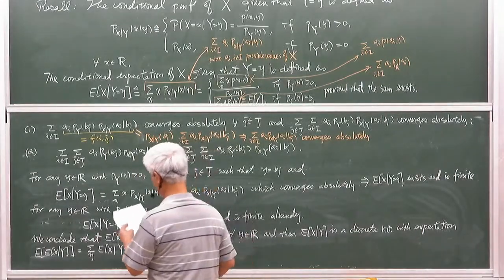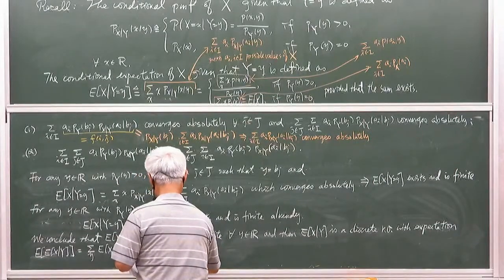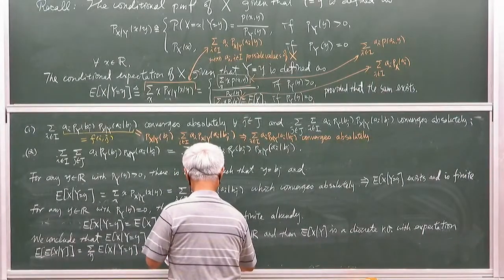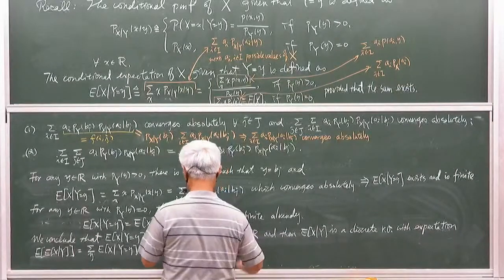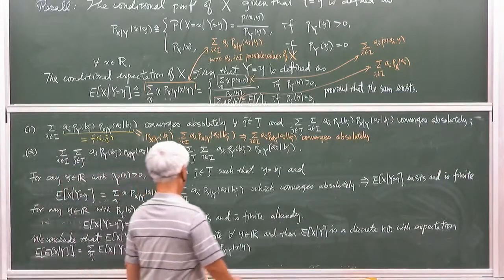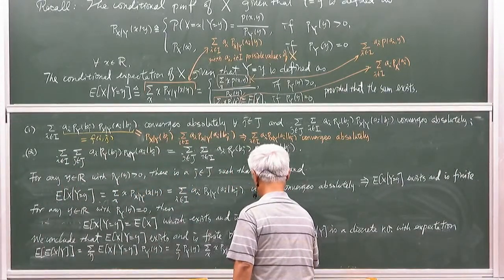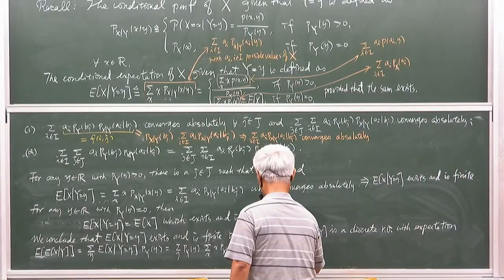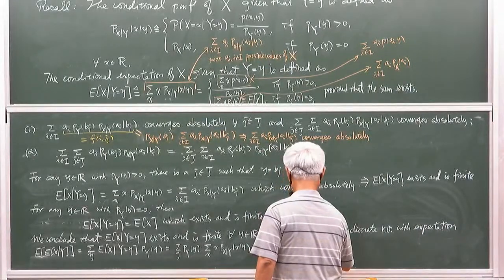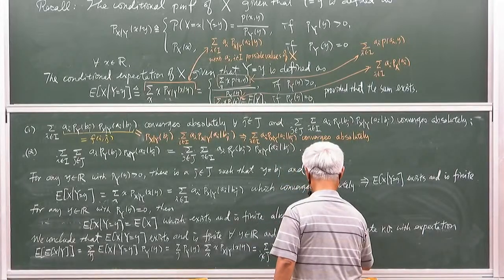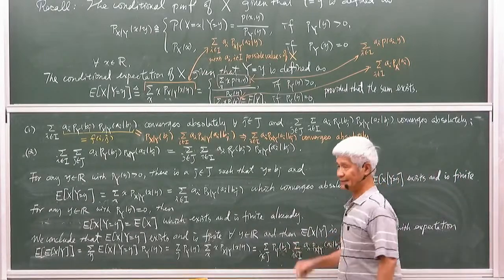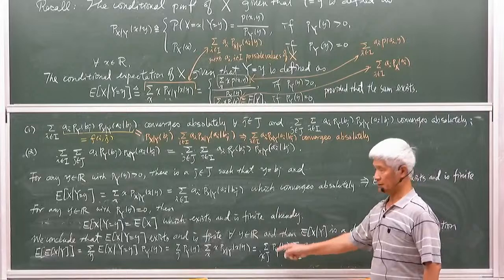Now we turn the sum into a series sum, so this is the iterated series sum we have.